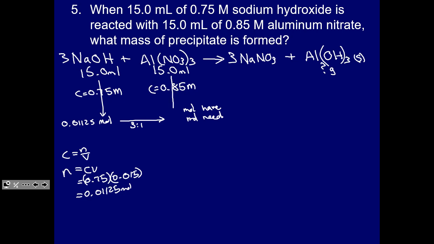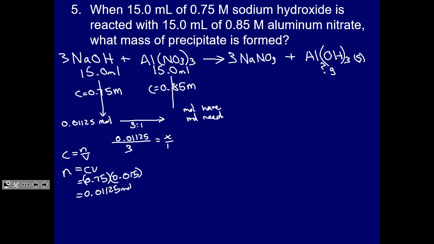Again, for those who need to see it, it would be 0.01125 over 3 equals x over 1. If we're getting good at the mole ratio, I don't need to see that. What is that number divided by 3? Didn't you write it down?